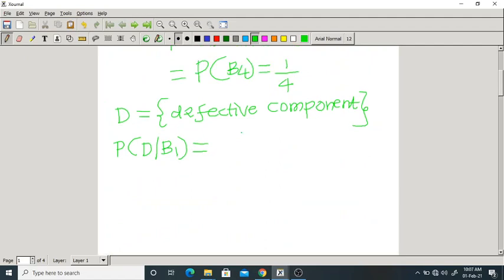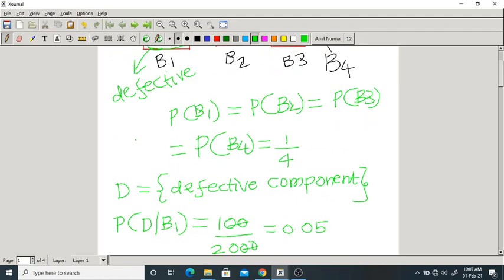I hope it is very simple. 100 by 2000 comes out to be 1 by 20, which is 0.05. In the same way, what is the probability of getting a defective component from the second box?